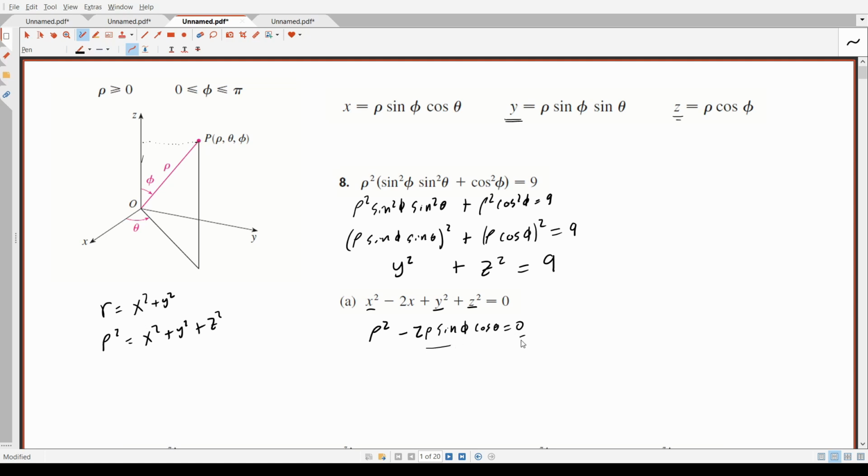I can simplify this a little bit. I'll move this to the other side, so I have rho squared equals 2 rho sine phi cosine theta. And then if I cancel rho on both sides, I have rho equals 2 sine phi cosine theta.